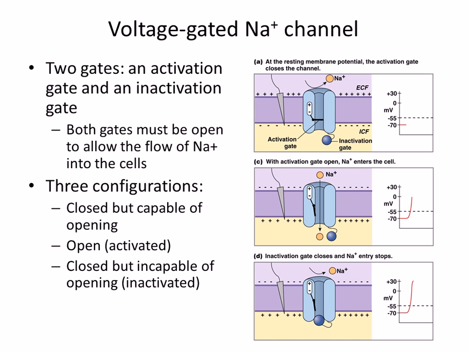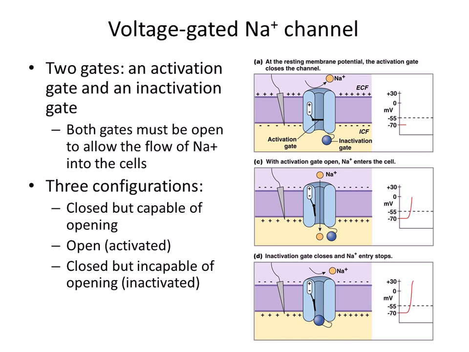But at the same time that we open this gate, we begin closing the inactivation gate. The difference is that this gate is slower than that gate. So sodium can sneak through before this one closes. Activation gate is closed at the start. The inactivation gate is open, and so when we open the activation gate, the inactivation gate begins to close.